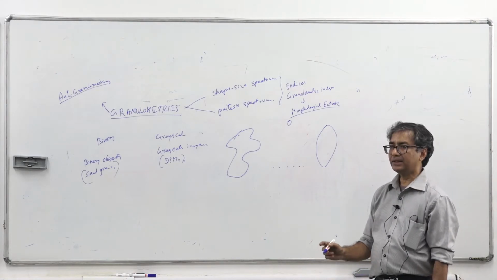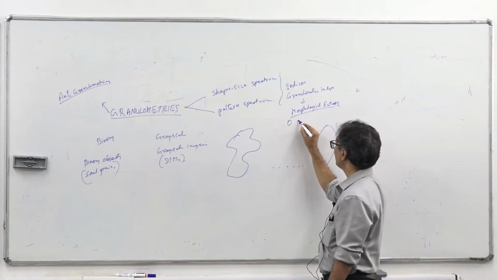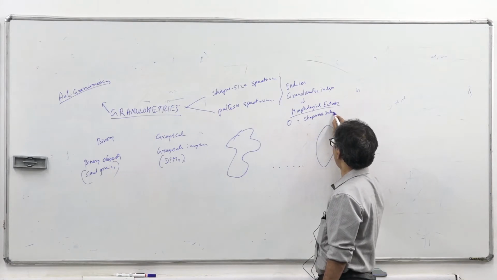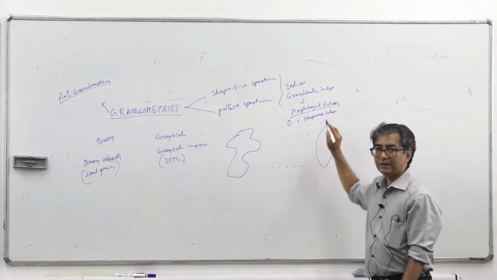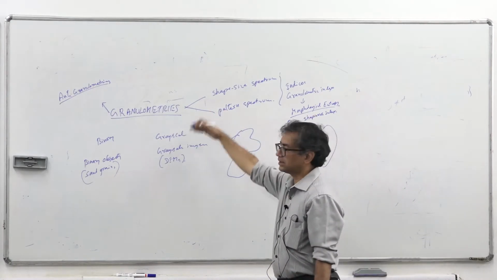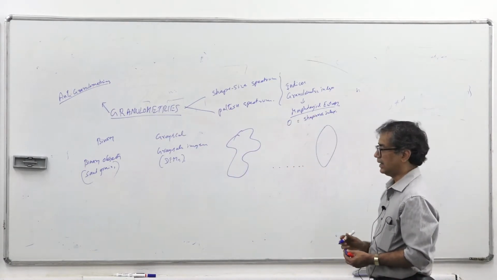Then it is worthwhile to really compute a kind of index called shapiness index. This is a very important thing, and it has come through this pattern spectra analysis.